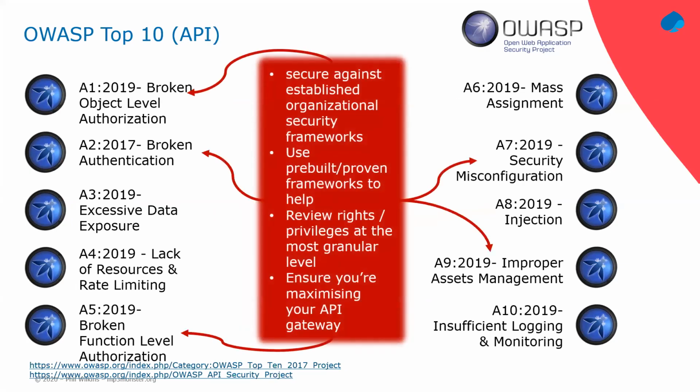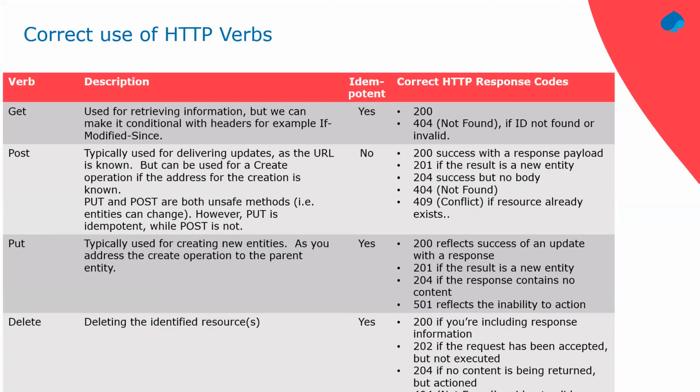So if I shoot forward, I mentioned the HTTP verbs. We all know about get, post, put, delete, but there are quite a few verbs that are also available that could help us. Sometimes we are not always using the standard HTTP response codes to their full effect.